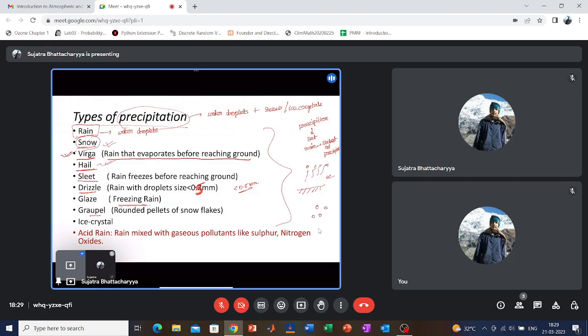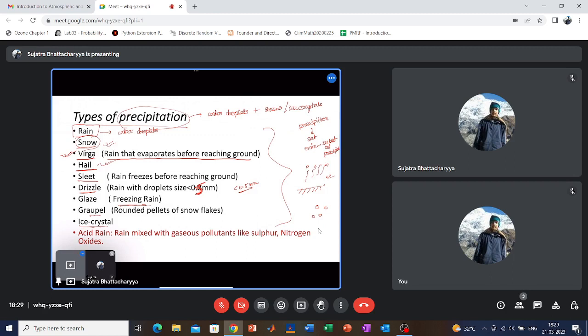These are different types of snowfall or precipitation. And then there is the ice crystal. Different shapes of ice crystals you can get. There are many other types of precipitation I have not listed here, but these are the very important types of precipitation.